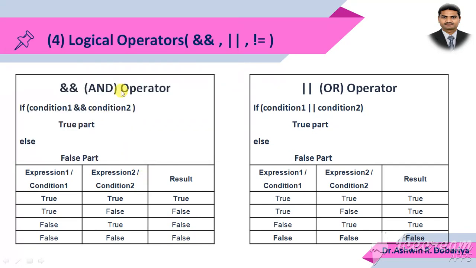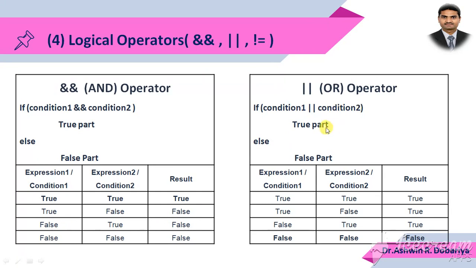So in the AND operator, condition 1 and condition 2, if both are true, then it returns true and executes the true part, otherwise it executes the false part. If one of the conditions becomes false, then overall it returns false.